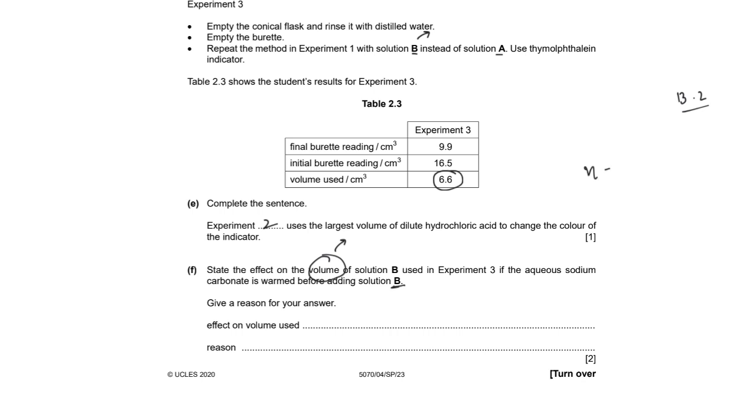We know that moles is equal to concentration into volume, and volume will depend on the concentration and moles, and neither of them is changing when you're heating it. You're basically changing the temperature of it. The maximum that can happen is that the rate of reaction would increase, but there will be no effect on the volume, and the reason would be the concentration remains the same.